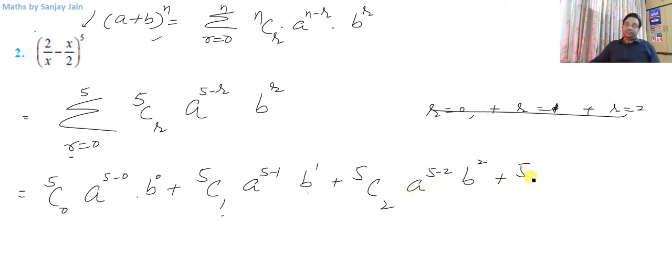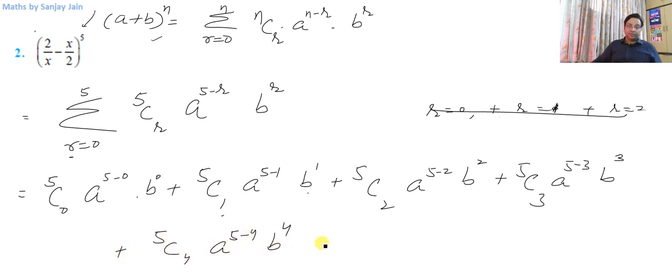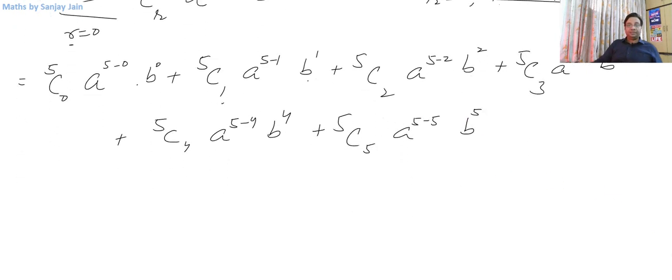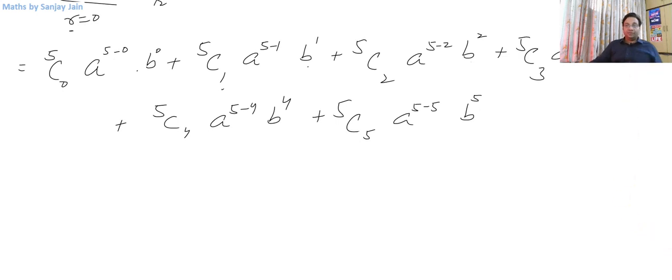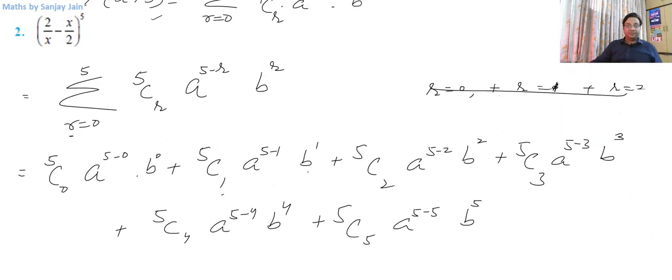Anyways, let us write 5C3 a raised to power 5 minus 3 b raised to power 3, 5C4 a raised to power 5 minus 4 b raised to power 4, 5C5 a raised to power 5 minus 5 and b raised to power 5. This will be the expansion. Okay, now what are the values of a and b here? So this is what we need to solve. This is the formula that I've written by now.